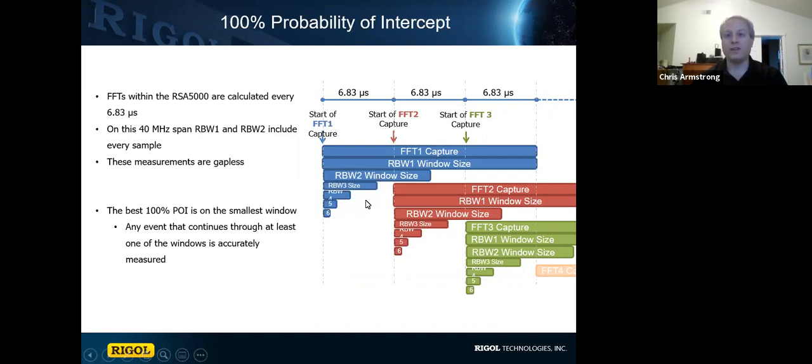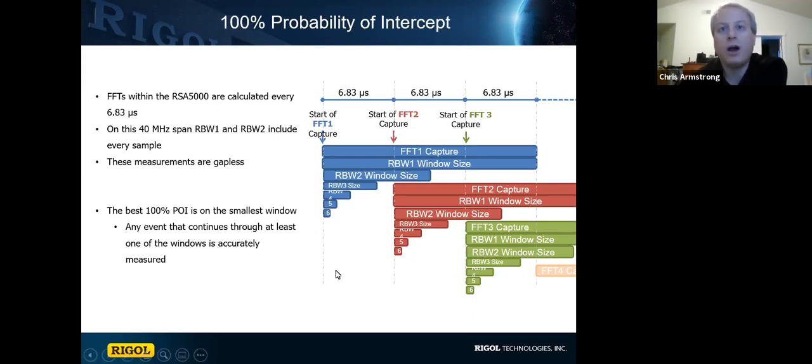So if the signal is only 5 microseconds wide in here, you'll see it on an RBW1 or an RBW2 setting, but you'll have attenuated the power because of the time that you were looking at the signal with the power off. Whereas with the shorter RBWs, as long as you're capturing it across the whole span, you'll get the full power measurement.